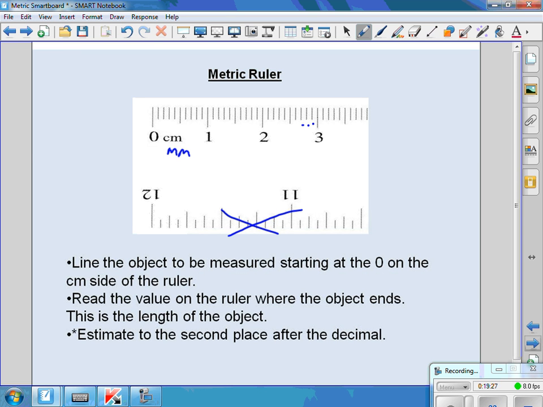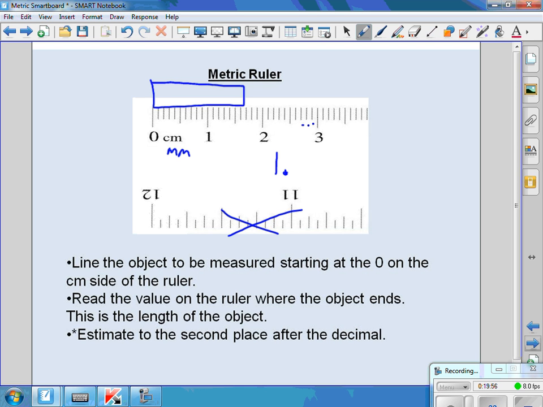So let me draw on the picture. We'll say that the ruler is lined up to a piece of paper. Now, if I wanted to measure that, I have to look at the last whole number that it passes, which would be 1. Now I need my decimal place.